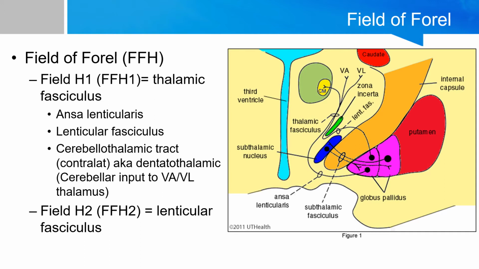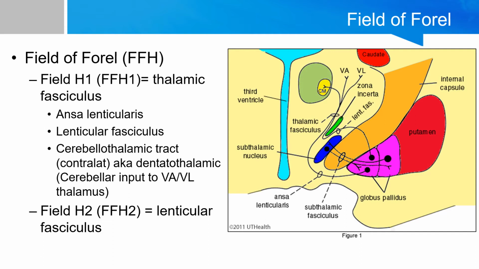These fibers travel from the globus pallidus internus, and loop under the posterior limb of the internal capsule. This is the posterior limb of the internal capsule here. And it loops around to travel under the thalamus to join other fibers and eventually becomes the thalamic fasciculus.